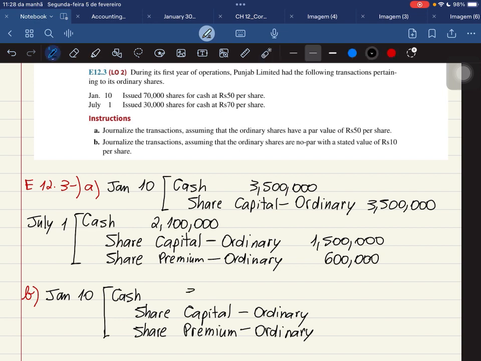That gives us 3,500,000. Share capital ordinary is going to be 70,000 times 10, which is going to give us 700,000. And share premium ordinary is always the difference between the two numbers. In this case it is 2,800,000.